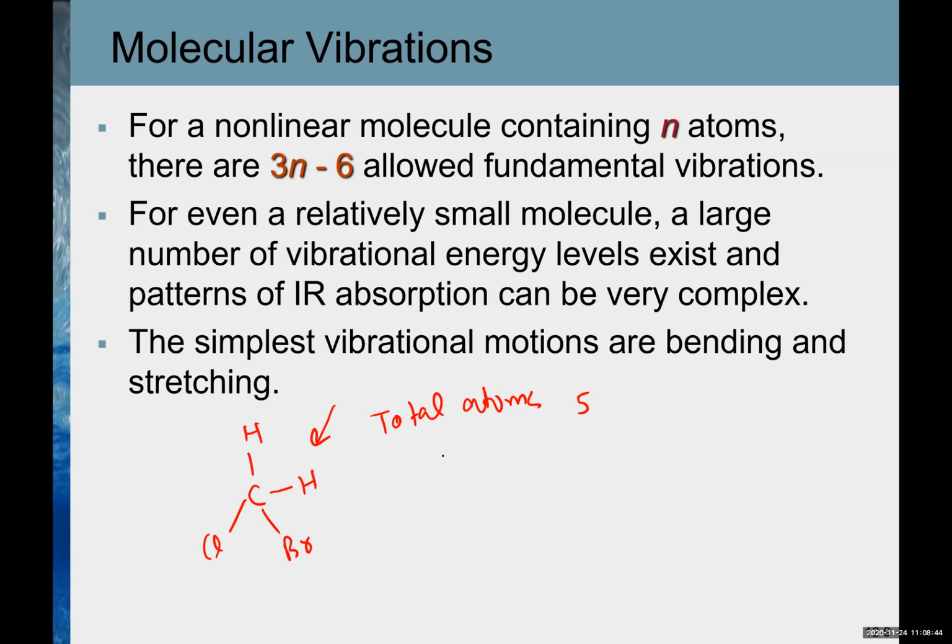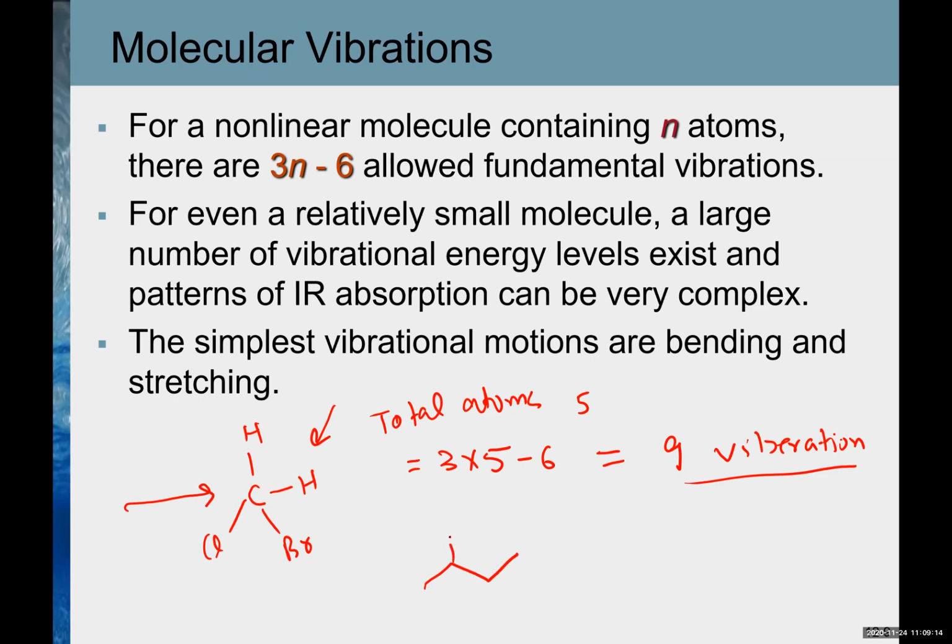So the total number of different vibrations this molecule can show is 3 times 5 minus 6, equals how many? 9. 9 vibrations means how many peaks I will see in my NMR, sorry, not NMR, IR plot? 9 different kinds of peaks. And that's for this simple molecule.